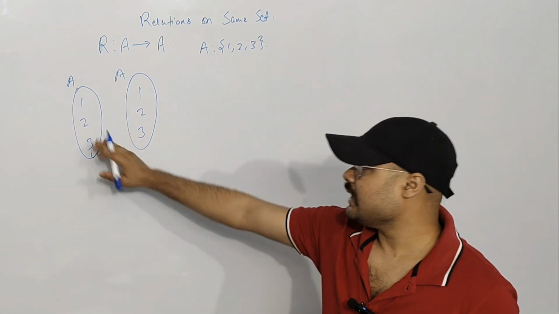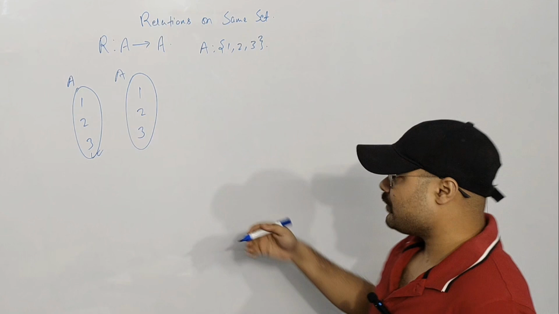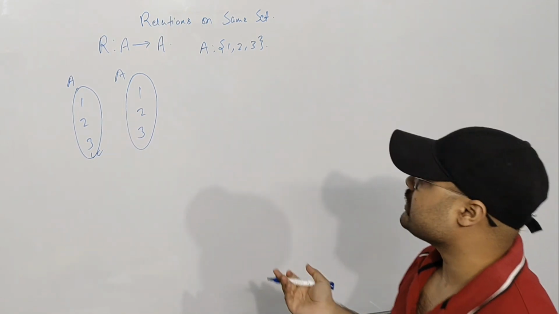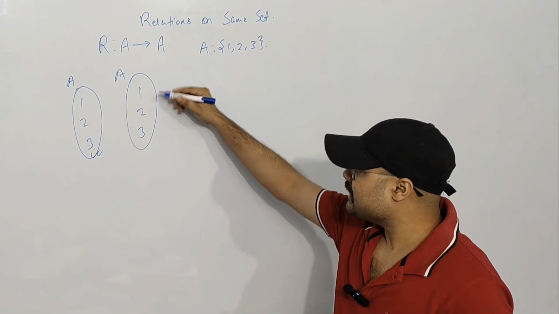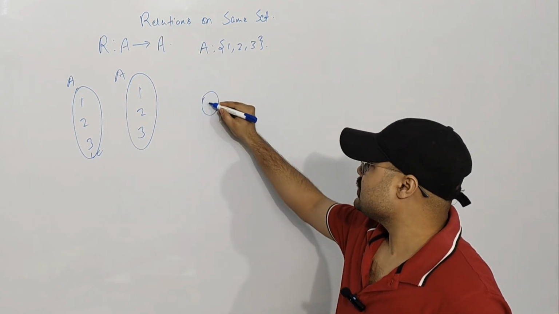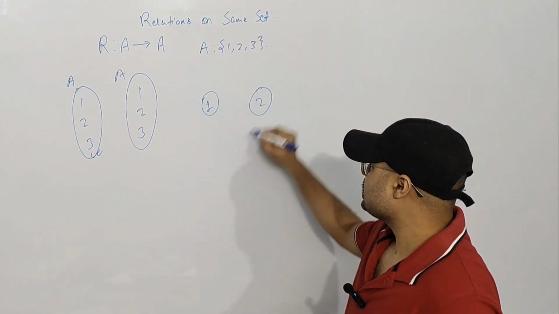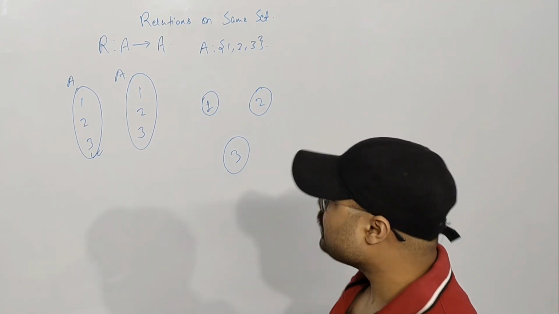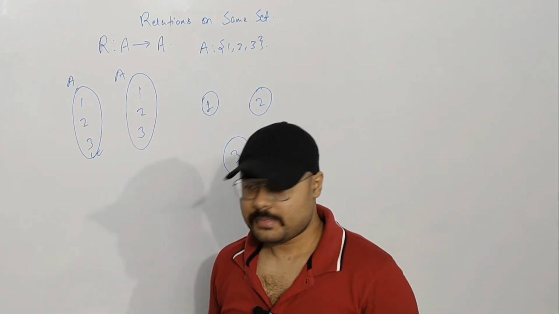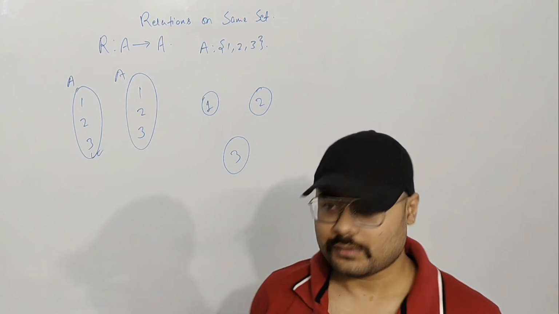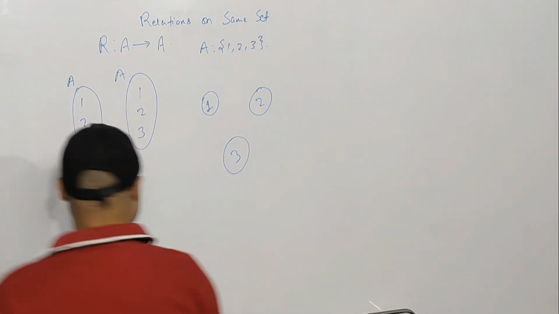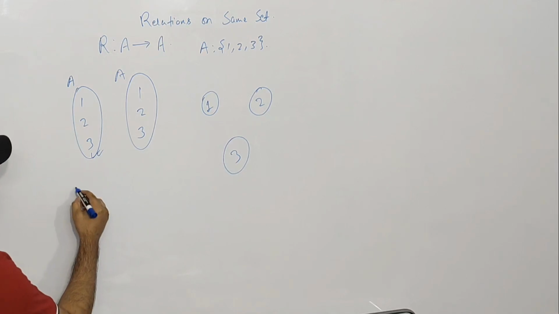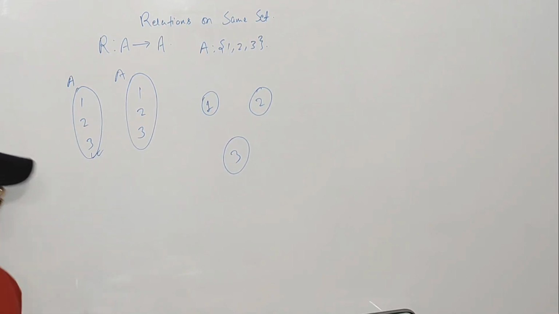Now let's look at different types of relations on set A. If this is my set A, then for any relation, the graph associated with that relation has the elements of A as vertices. Now, one type of relation on set A is called a reflexive relation. What is a reflexive relation?